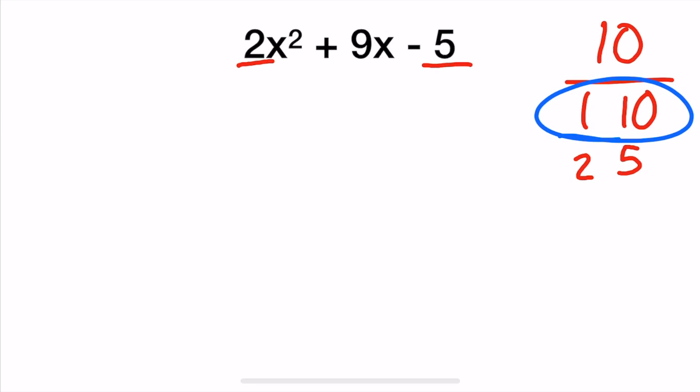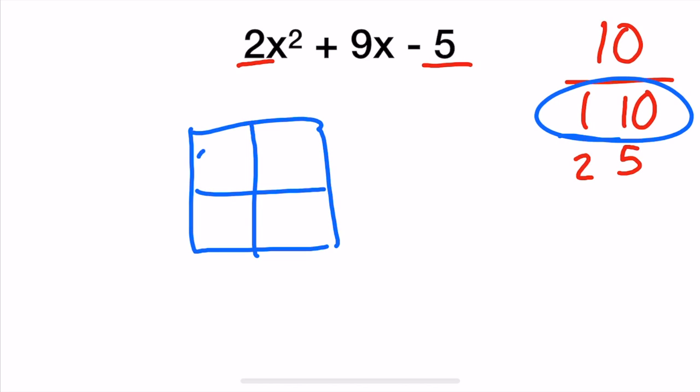So in this case, we need to create our box. 2x squared, negative 5, 10x, minus 1x. Now you don't actually have to write the 1, but it can be helpful whenever you're trying to think of things. So let's see.